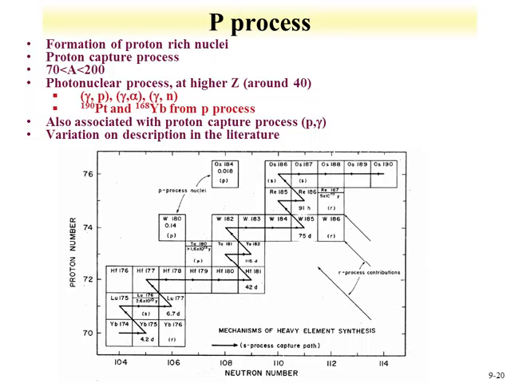As an example, platinum and terbium are from the P process. In the literature, there are various descriptions of the P process, and a lot of that indicates that exploration of the P process is still ongoing. But the fundamental aspect of these processes is that they're responsible for the light stable isotopes being formed.